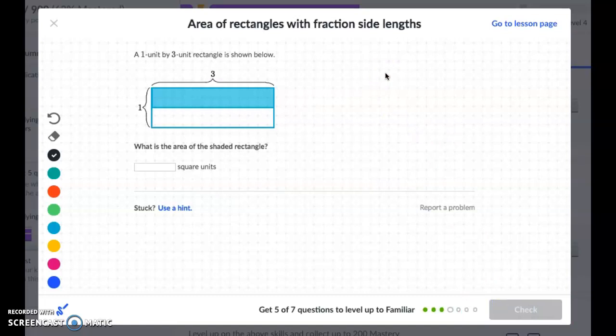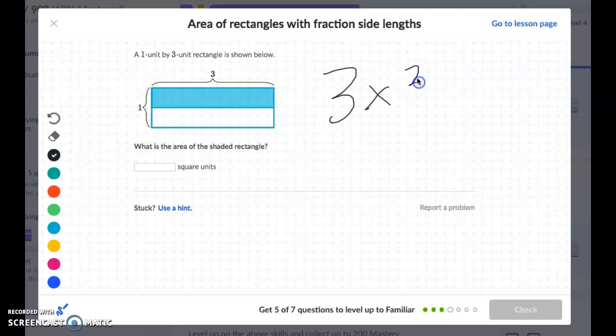A 1 unit by 3 unit rectangle is shown below. What is the area of the shaded rectangle? So what we have to look at here is our length is 3 times, and then our width is 1, but we only want the shaded part. Well, the whole thing is not shaded, just half of it is.